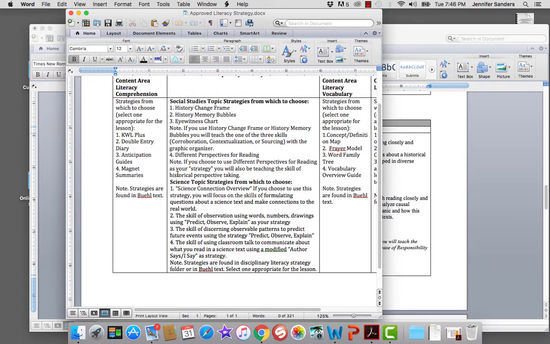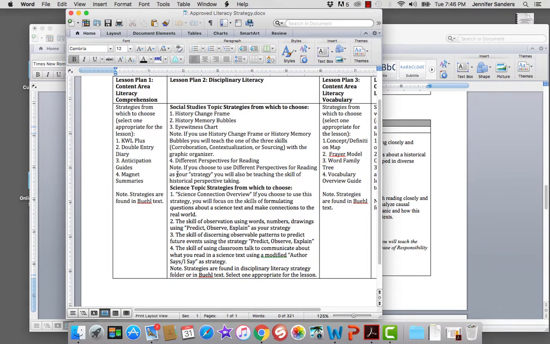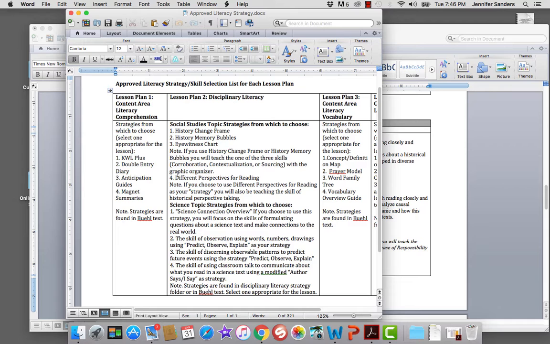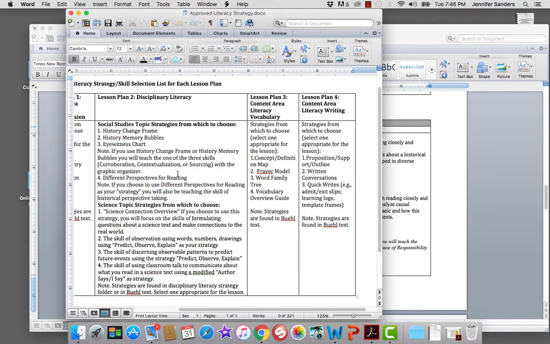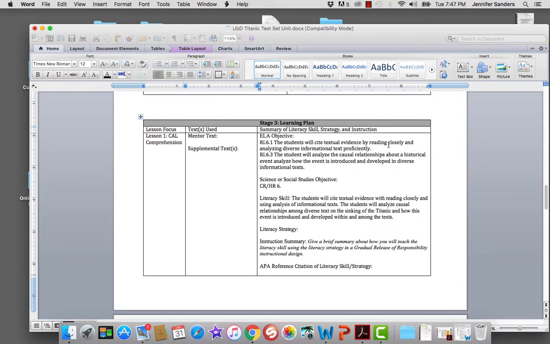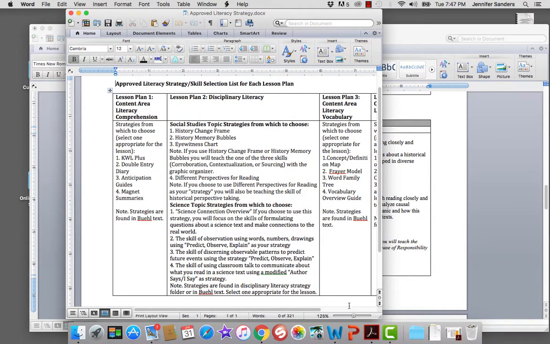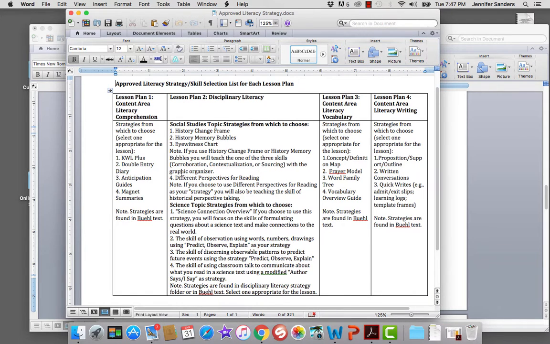Please note, I want you to use one of these approved strategies, not something else. As noted, the text coding that I instructed on in the earlier module is not on here because that's something for close reading and to help support citing textual evidence, but that's not on here. So I want you to delve deep into these strategies.